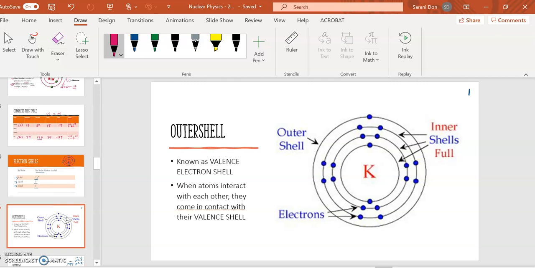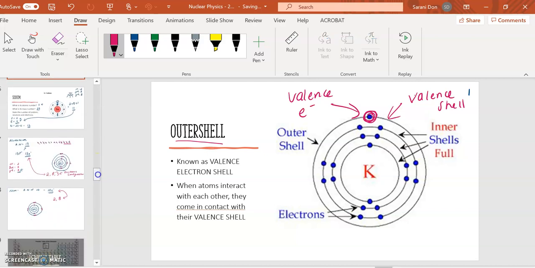Another thing you need to know is the outer shell. The outer shell here is obviously the outermost shell. That is also known as the valence shell. And the valence shell will have valence electrons. So the electrons that are found in the last shell, or the valence shell, are known as valence electrons.